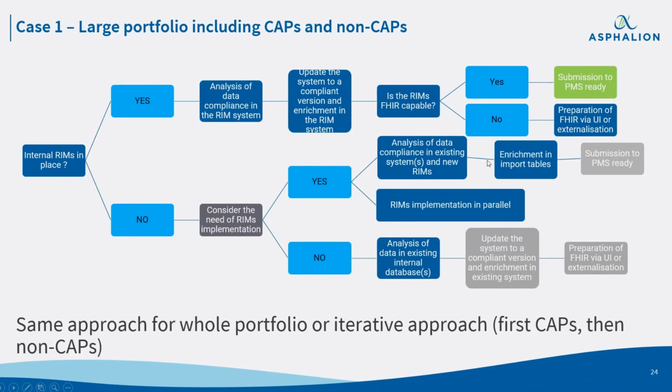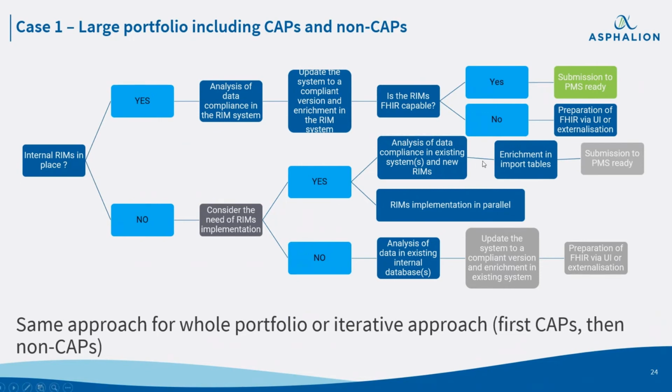And once you try to migrate all the information to this new RIM system, you can either take the opportunity during the migration to make all this enrichment, so you accommodate all the information that you did not have before, or maybe you just migrate. You have this iteration where you make a go live in your RIM system, and then you do a project at a later stage where you do the full enrichment.